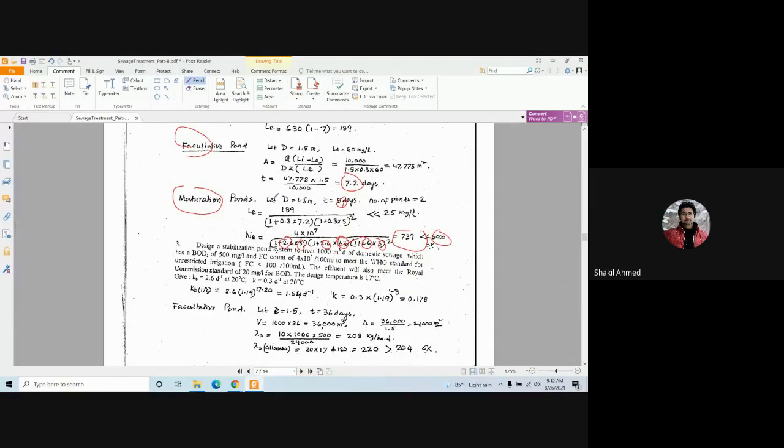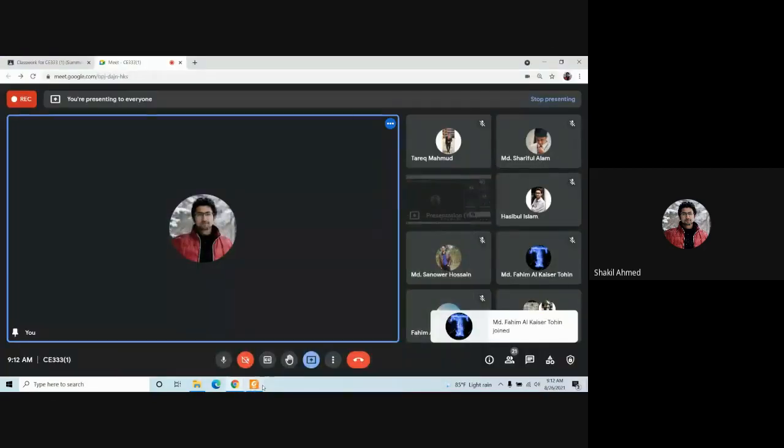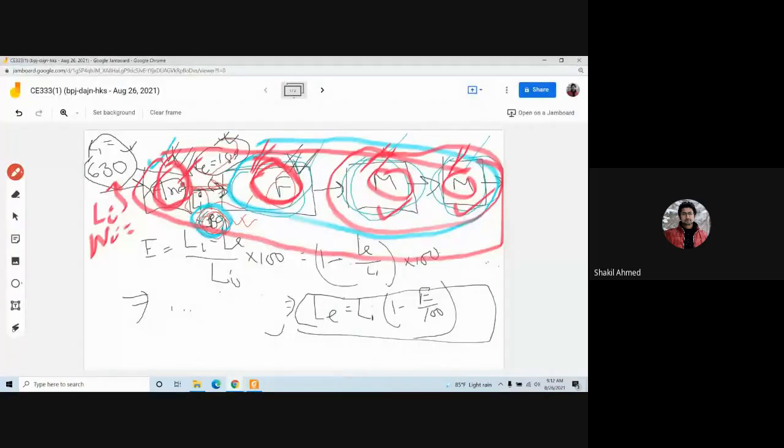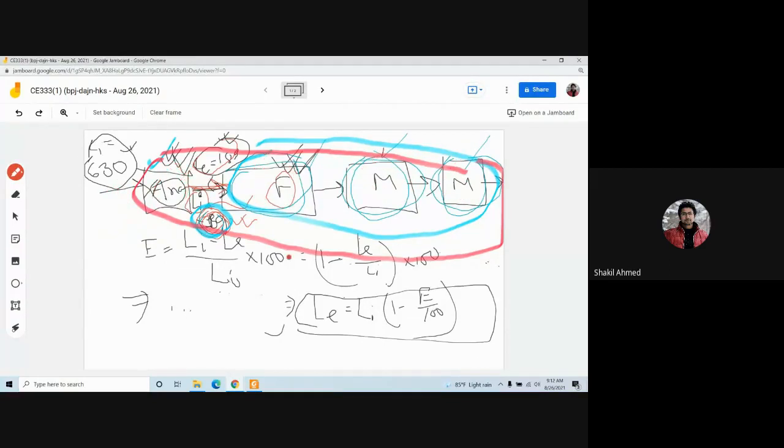Just to make it clear again, in this case, we have used 3 ponds. One, two, three. These 3 ponds.